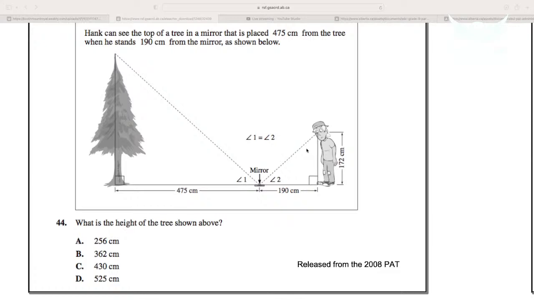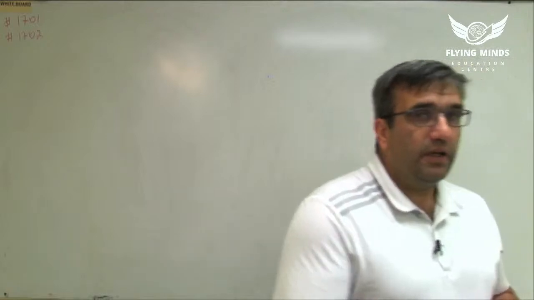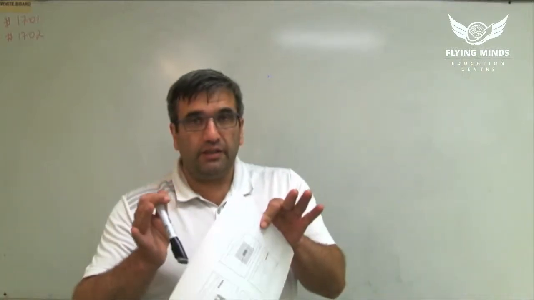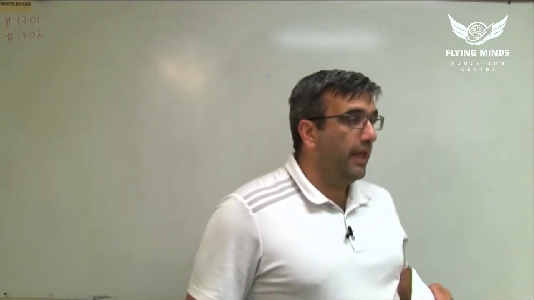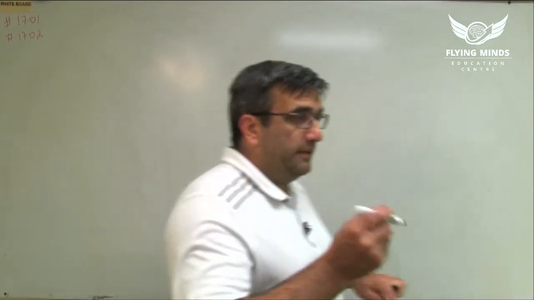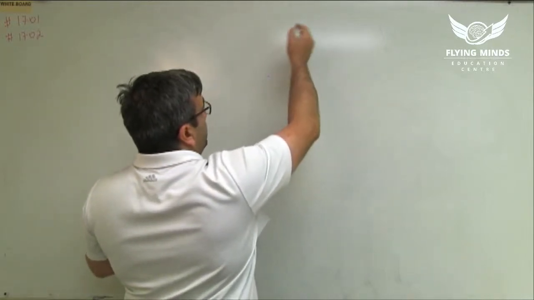So all angles are equal. If all angles are equal, those triangles are similar, right? And if they're similar, they just have a scale factor, okay? So what we can do is find this scale factor.